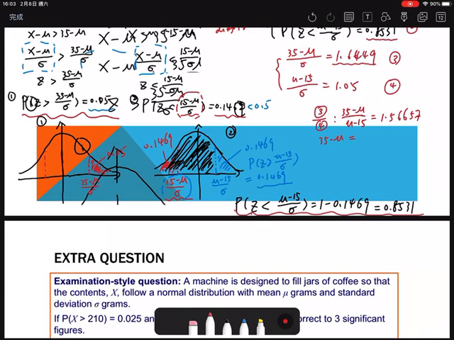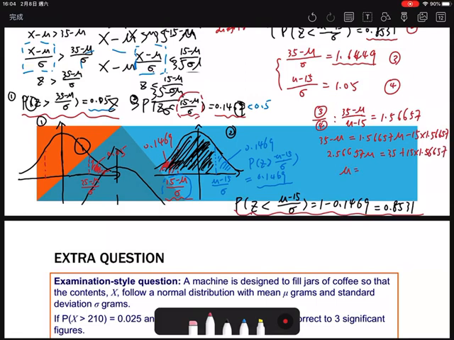35 minus mu equals 1.5657 times (mu minus 15). So 2.5657 mu equals 35 plus 15 times 1.5657.